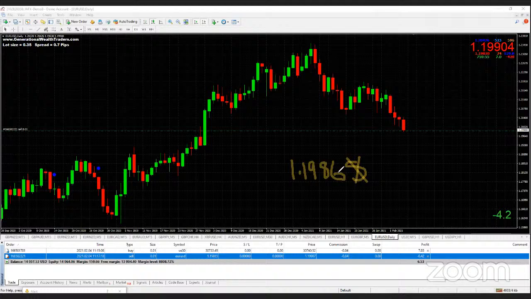So looking at this now, if the price was to continue going down, let's work with minus 4.